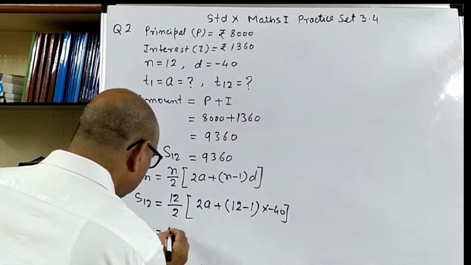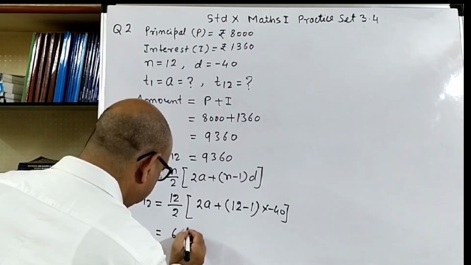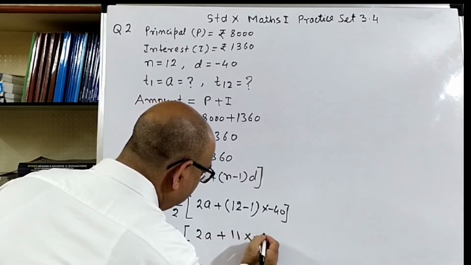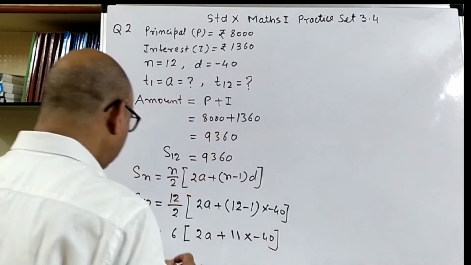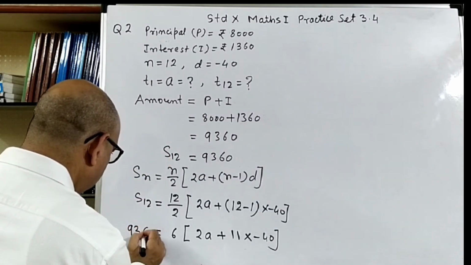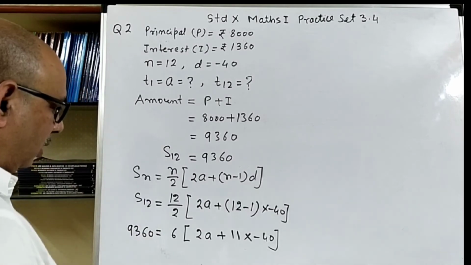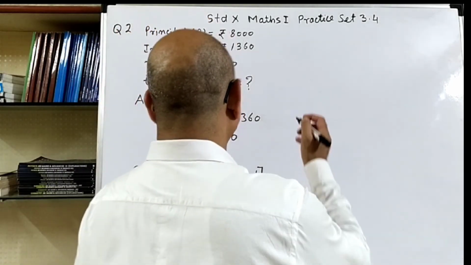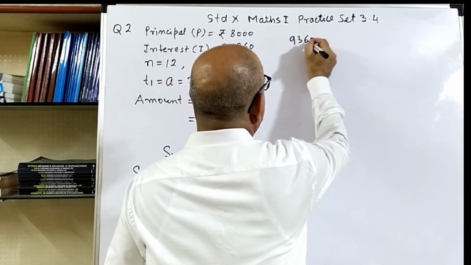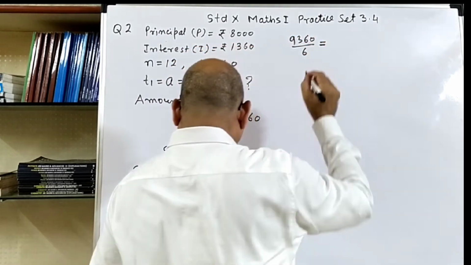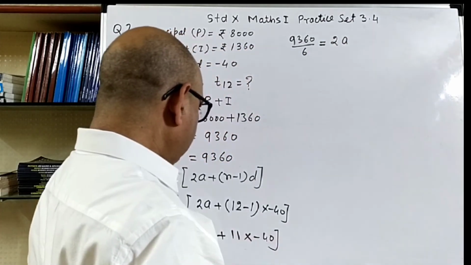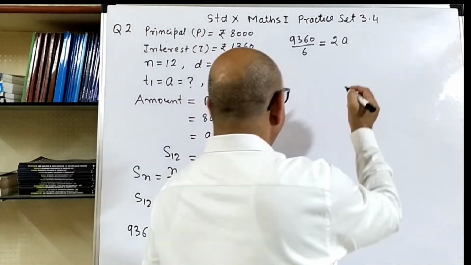This will be equal to 12 by 2 is 6, into 2a plus 11 into minus 40. And the value of S12 is 9360. So 9360 divided by 6 is equal to 2a plus 11 into minus 40, which is minus 440.